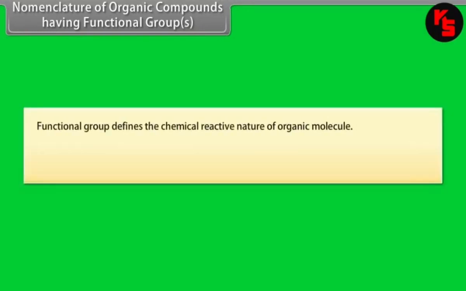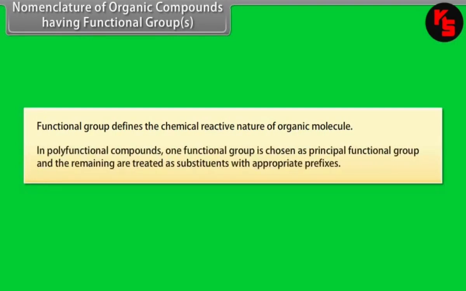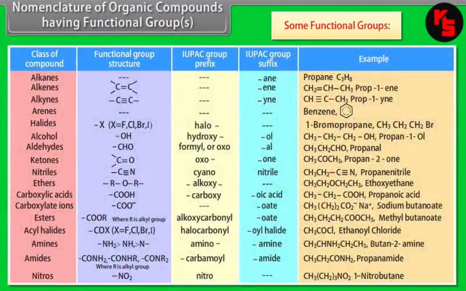Nomenclature of organic compounds having functional groups. A functional group defines the chemical reactive nature of an organic molecule. In polyfunctional compounds, one functional group is chosen as the principal functional group and the remaining are treated as substituents with appropriate prefixes. Some functional groups are given below in the table.